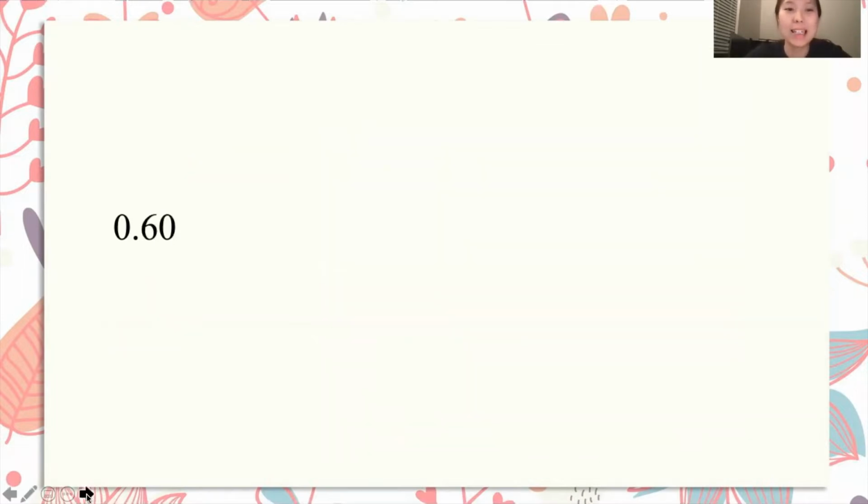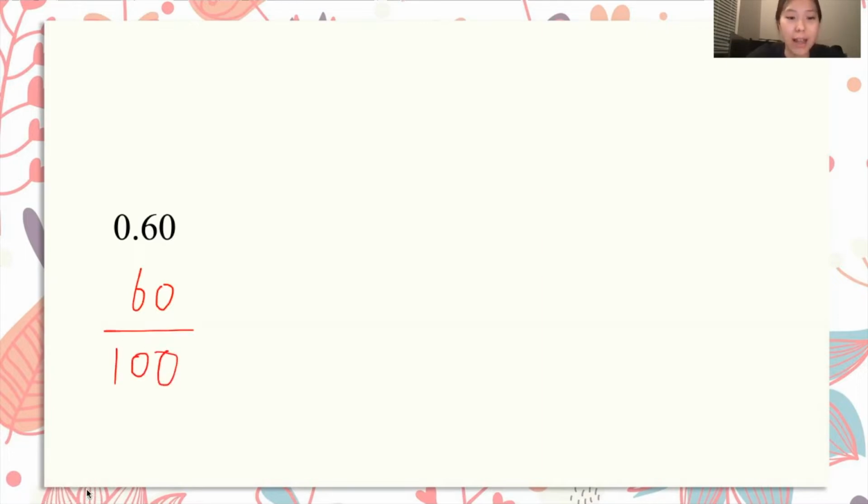Let's try another one. 0.60, or we can call it 60 hundredths. How can we express 60 hundredths in a visual model? As we can see, this number has a decimal to the hundredths place, so we can use a 100 grid to help. In a fraction, we can write 60 out of 100.